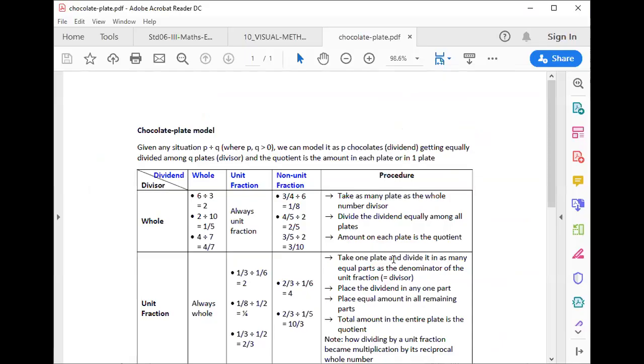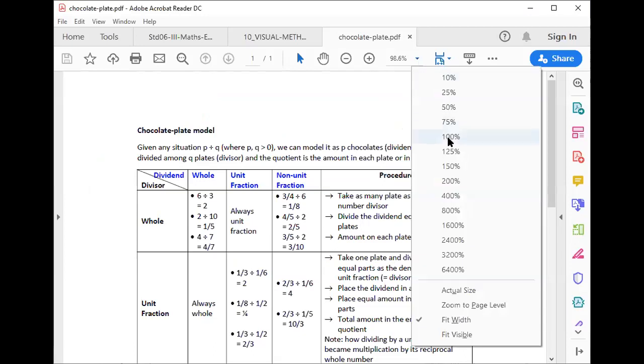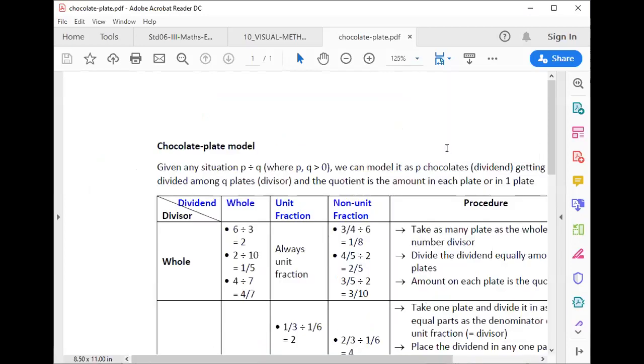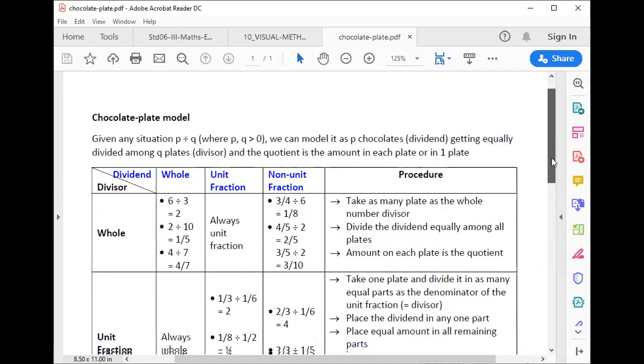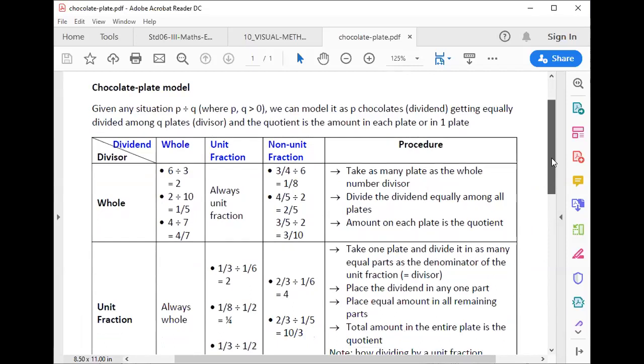It's basically a tabulated thing, but it captures all the possible division situations you can end up with fractions.